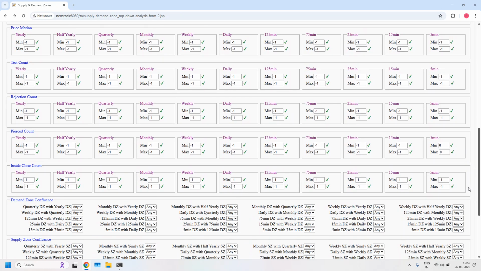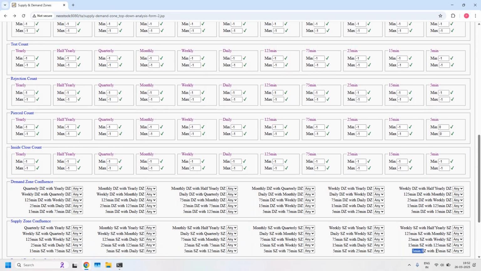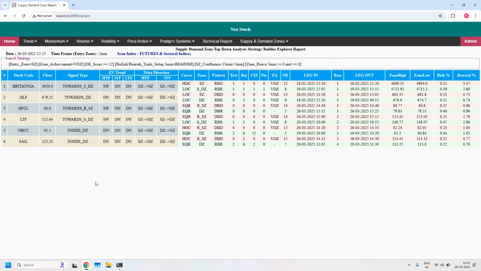In the supply zone confluence, I am enabling the filter 5 minute supply zone with 15 minute supply zone. With this filter, the list comes down to 6 stocks. In these 6 stocks, these 5 minute supply zones are overlapped with 15 minute supply zones, and the 15 minutes trend is down in all these stocks.